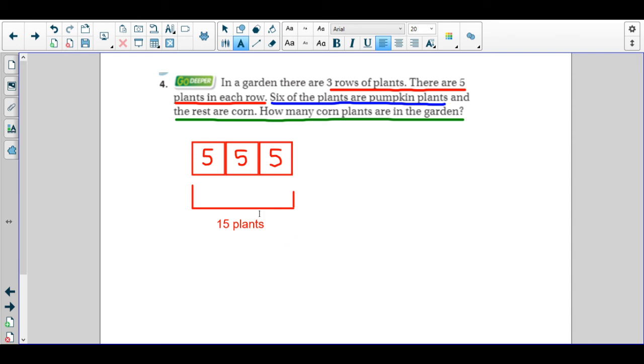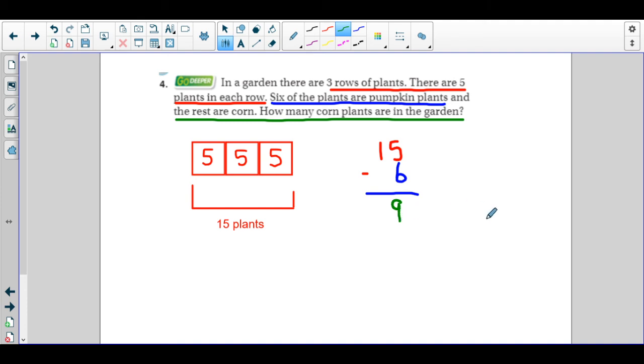So we're going to take these 15 plants, and we're going to subtract the pumpkin plants, which is 6, and that is going to give us 9 plants left.